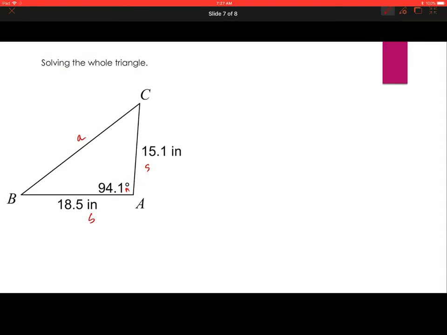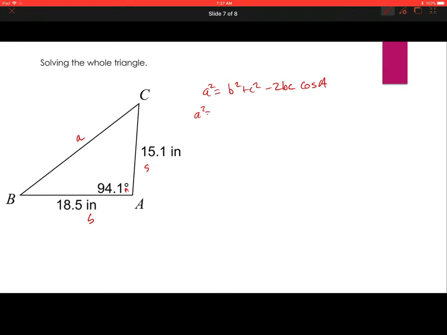We will use the primary form, which is a squared equals b squared plus c squared minus 2bc cosine A. So all we have to do is plug the numbers into this formula and we'll get it.